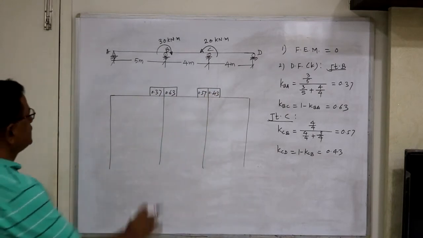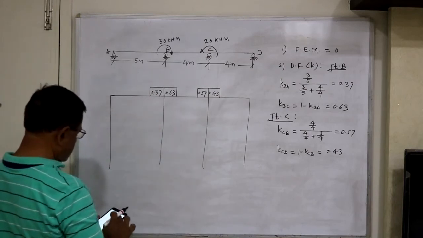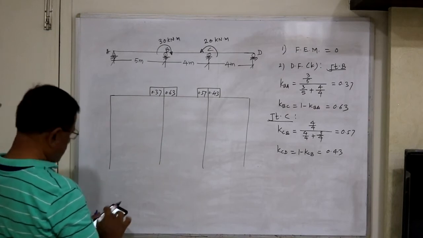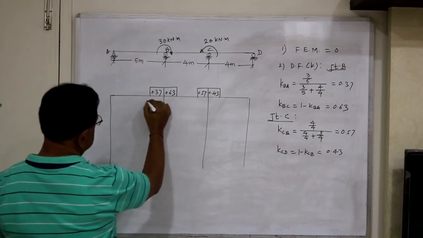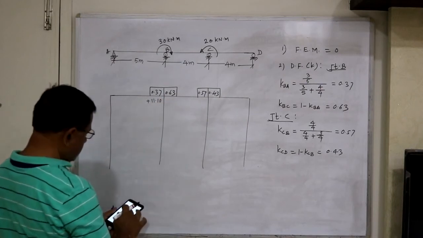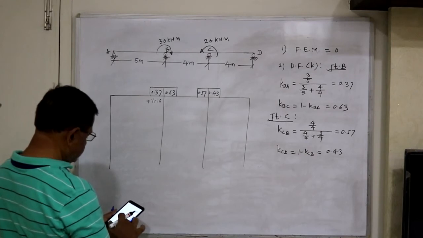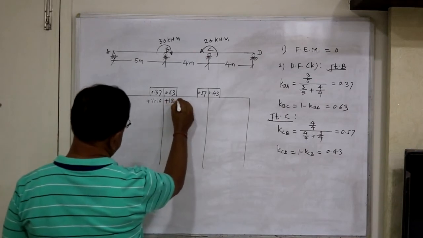So directly distribution means 30, this is clockwise. So 30 multiplied by 0.37 is 11.10. This is plus, remember, because clockwise, 11.10. Then 30 into 0.63 is 18.9. This is also plus 18.9.